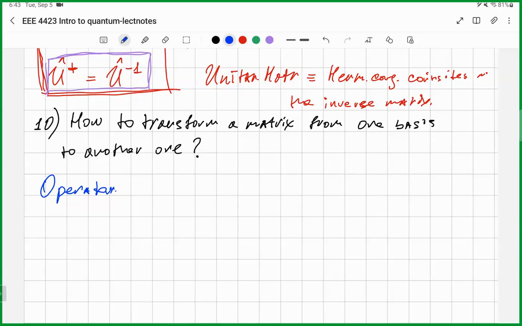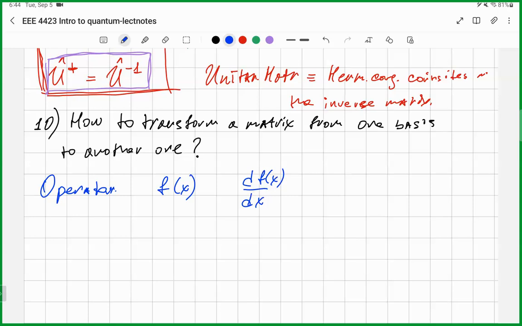and creates another one according to some rules. For example, for a function f of x, where x is the argument or variable, I can take the derivative of this function by x.